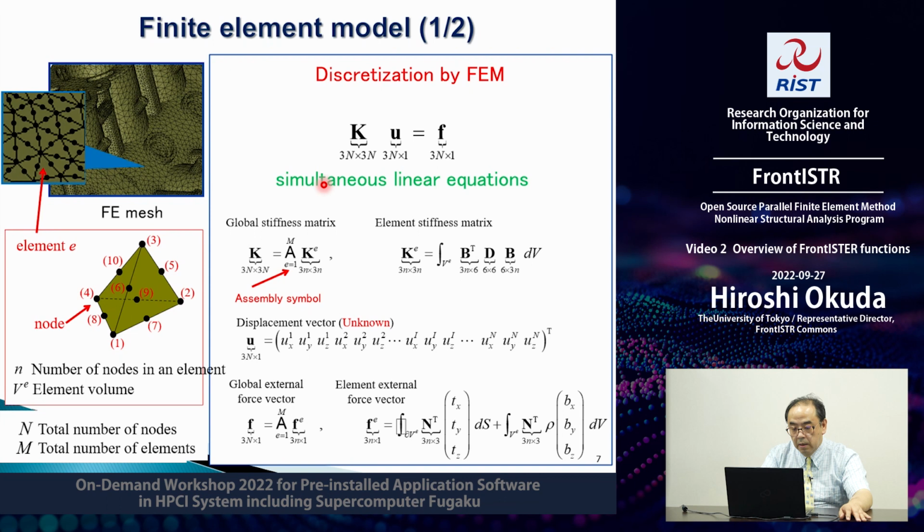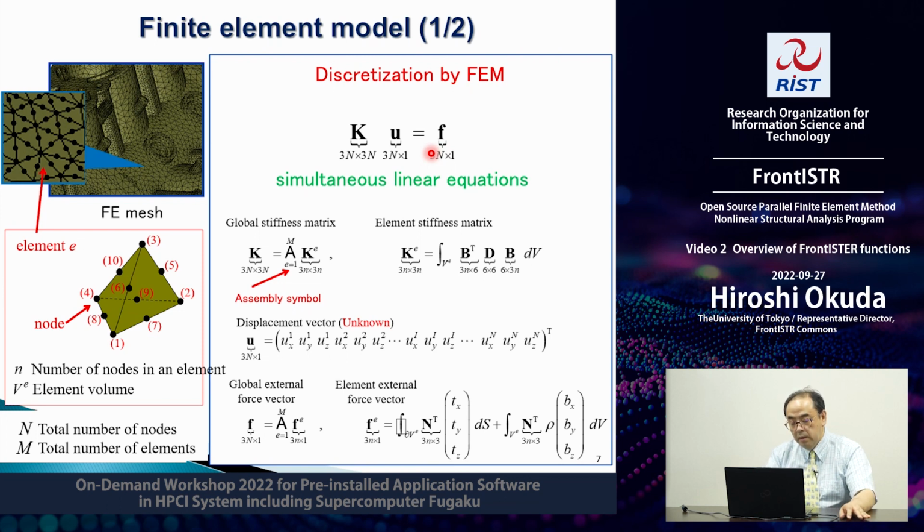So in order to obtain a very accurate computational result, we want to use a large number of elements and nodes, and then you can see that the size of the linear equation system would become so large. Okay?